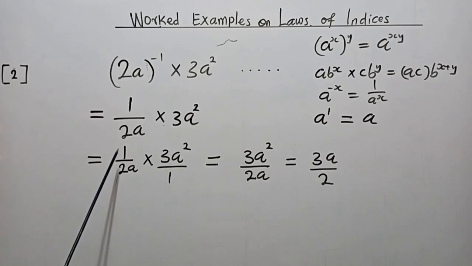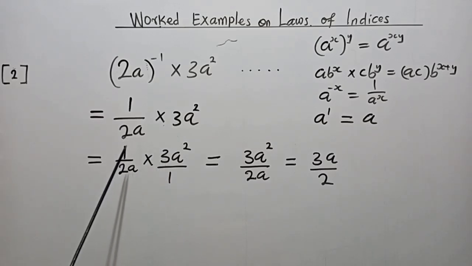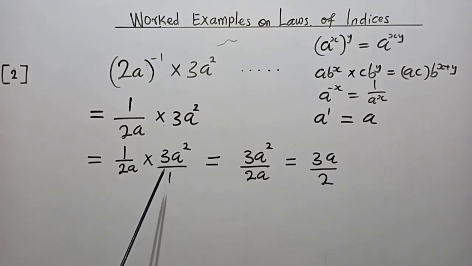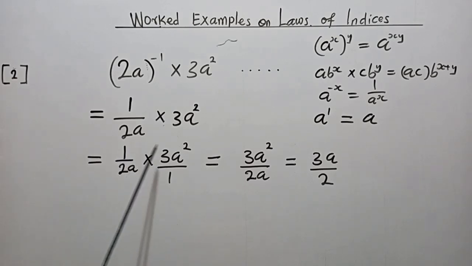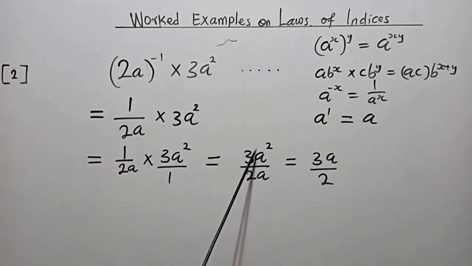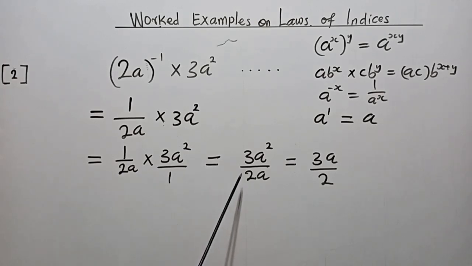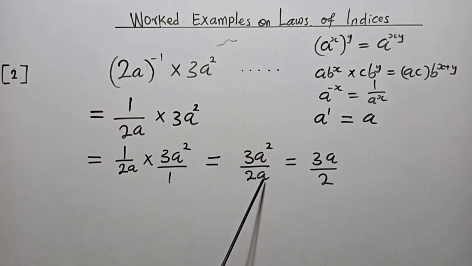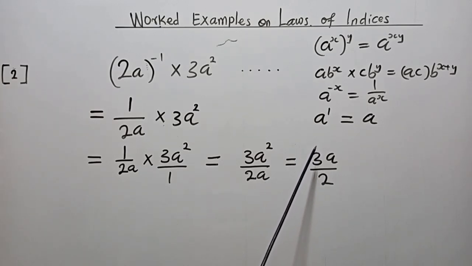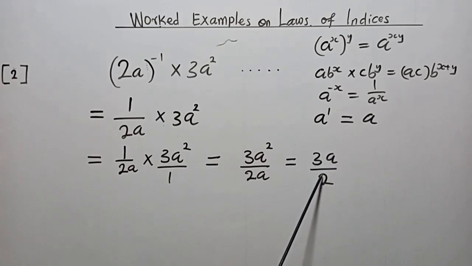That will be this times this over this times this. Here we go. 1 times 3a to the power 2 is 3a to the power 2, then 2a times 1 is equal to 2a. So the whole thing becomes 3a to the power 2 over 2a. If you simplify it further, what you get is the same thing we got earlier, 3a over 2.